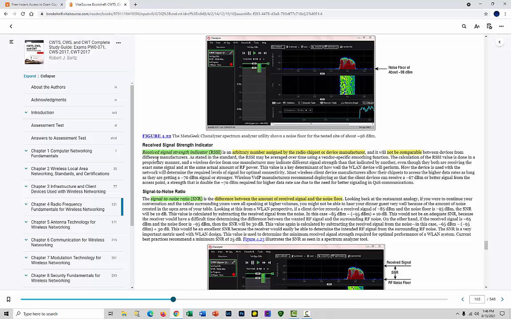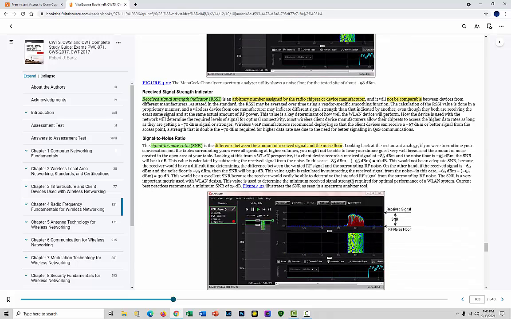RSSI, the received signal strength indicator, I wanted you to see that. It is arbitrary by the manufacturers. That's somewhat irritating. But they can't guarantee that signal strength because they don't know what environment you're putting that equipment into. So they can't make a lot of guarantees because they don't want to get sued.